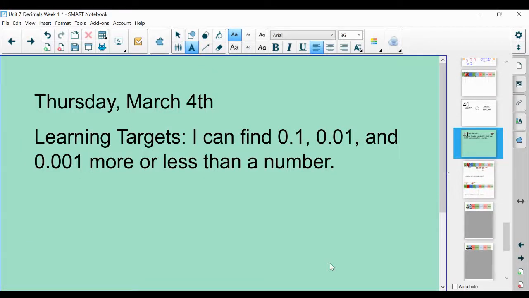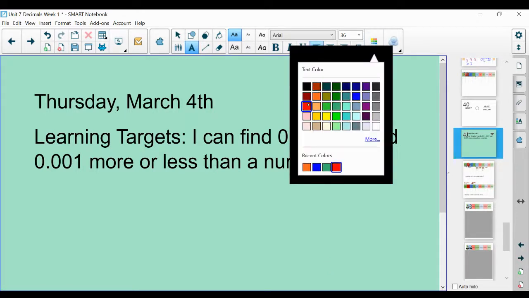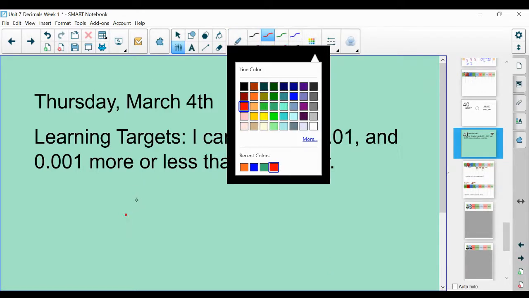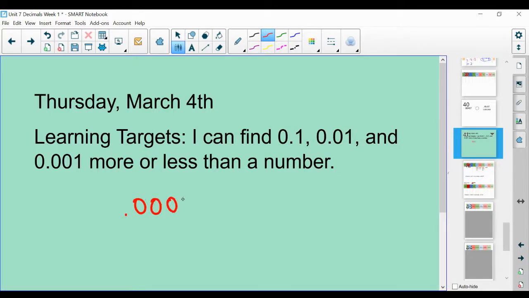Okay, today our learning target is: I can find 1/10th, 1/100th, 1/1,000th more or less than a number. Because our place value learning targets in 5th grade require us to go to millionths, you might also see us finding 1/10,000th more or less, or we might even get to our 100,000th place.